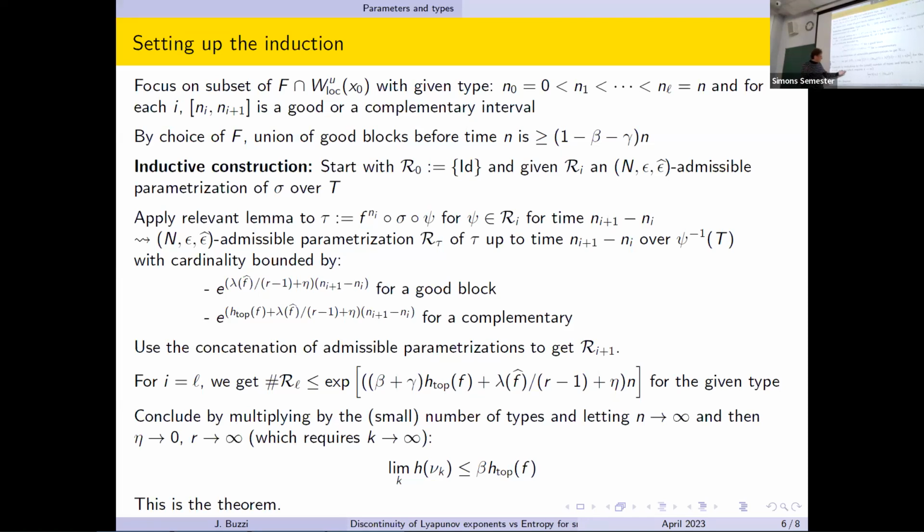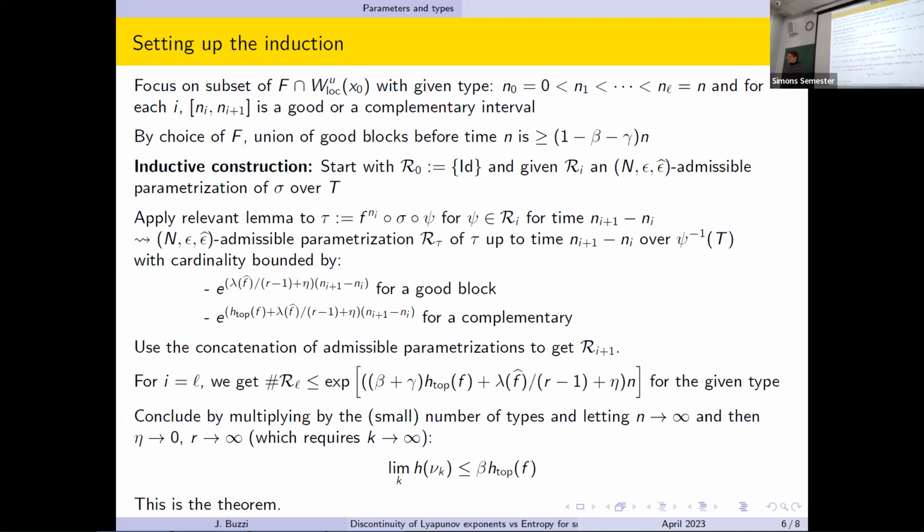To make the error disappear, you have to let r go to infinity and eta go to 0. When eta goes to 0, the set U hat you are looking at becomes more and more complicated, so you need the measure mu_k hat plus to be closer and closer to U hat.